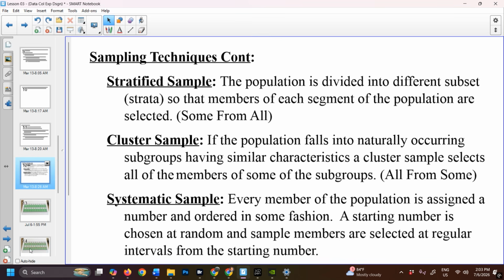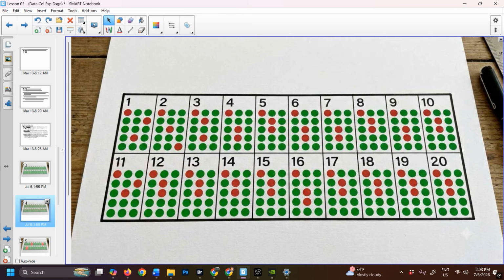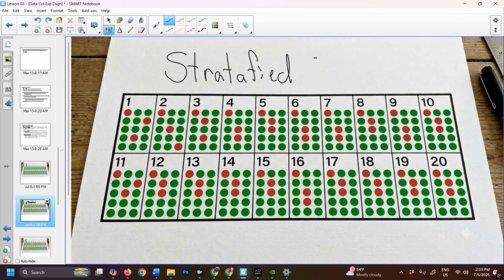So if I go down here, you'll notice that I have selected at random 3 different dots from each of the subgroups. This is my stratified sample, because I am taking some from all.